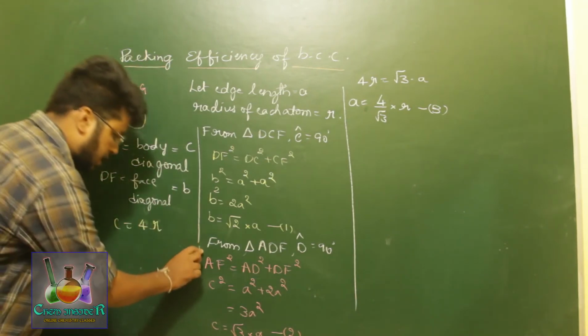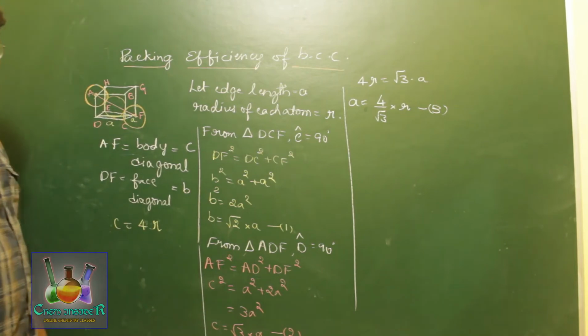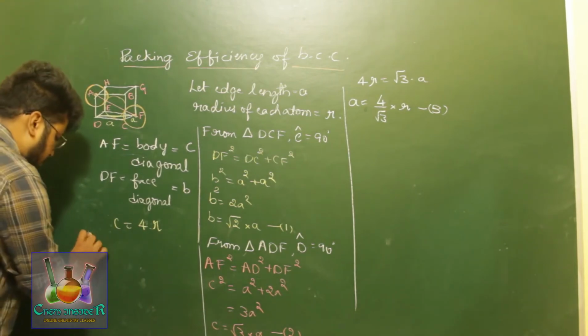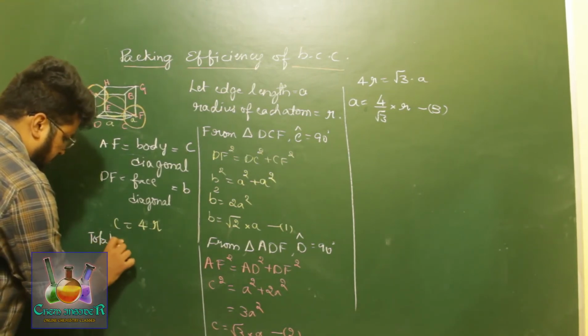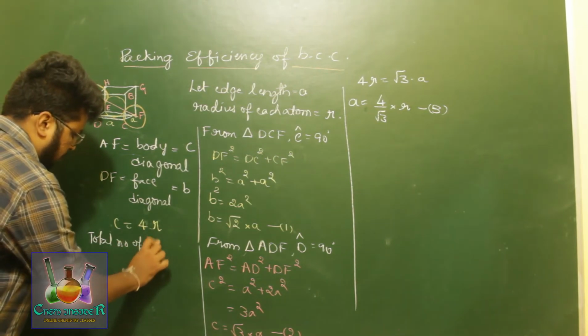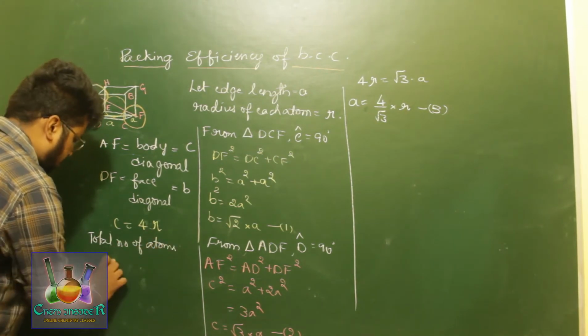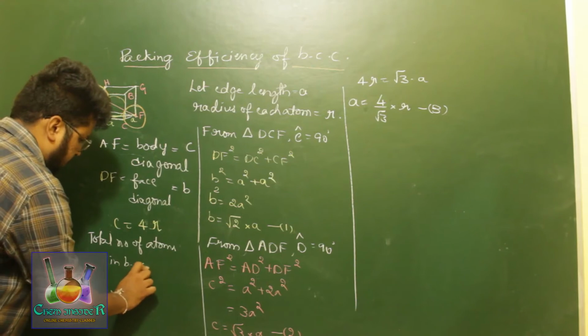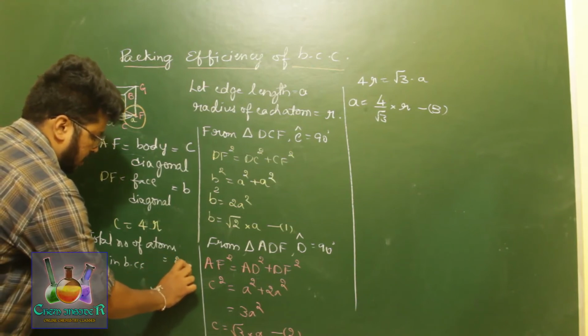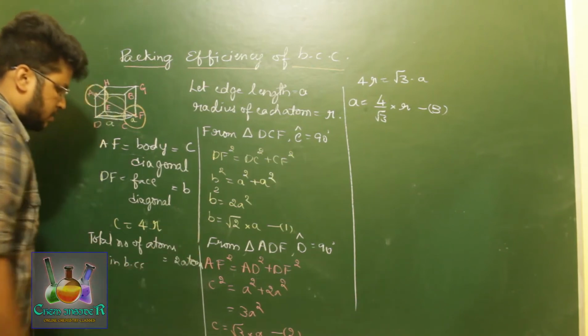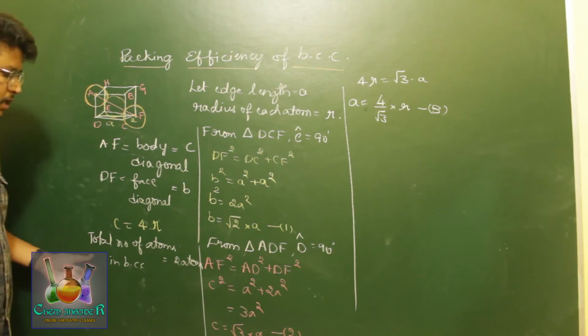Now for the constants which you have to know for this complete diagram, the total number of atoms in BCC is 2 atoms, as we have discussed in the previous classes. So the total number of atoms in BCC will be 2 atoms.